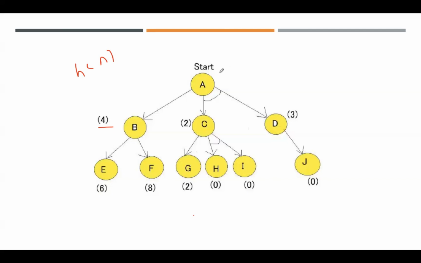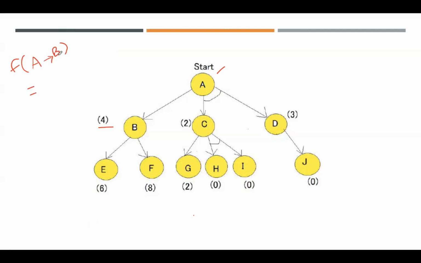First, we'll start at the root node. The root node is A. First we need to calculate the best path, so find out f of A to B. We already know f of n equals g of n plus h of n.